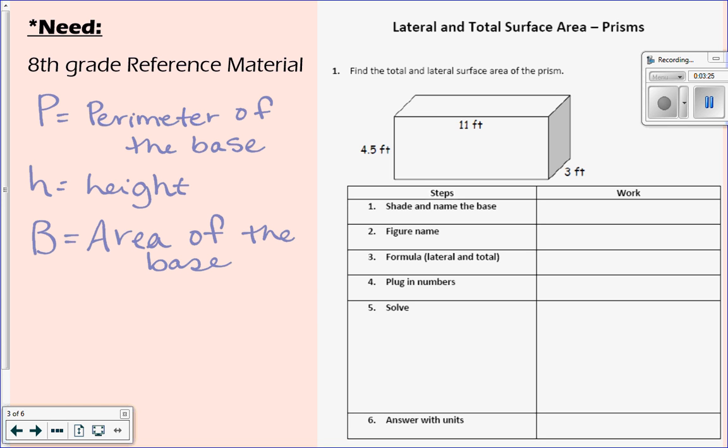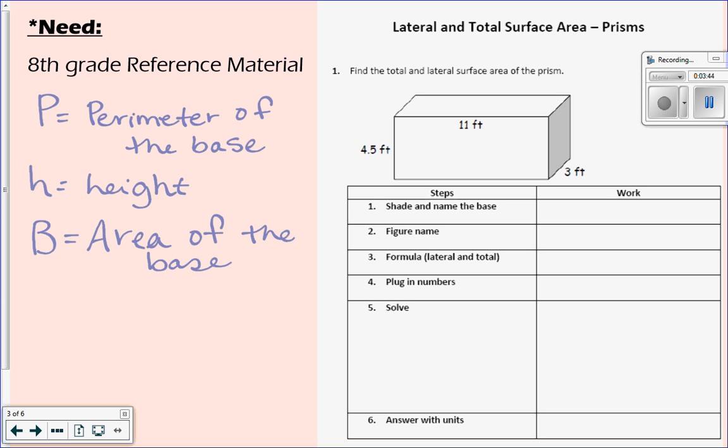Okay. So when you see P, you're going to find the perimeter of the base. Capital B is area of the base. Are we good? And then the height of your solid. That's it. Which is why we were identifying the base yesterday and the height of our solid.